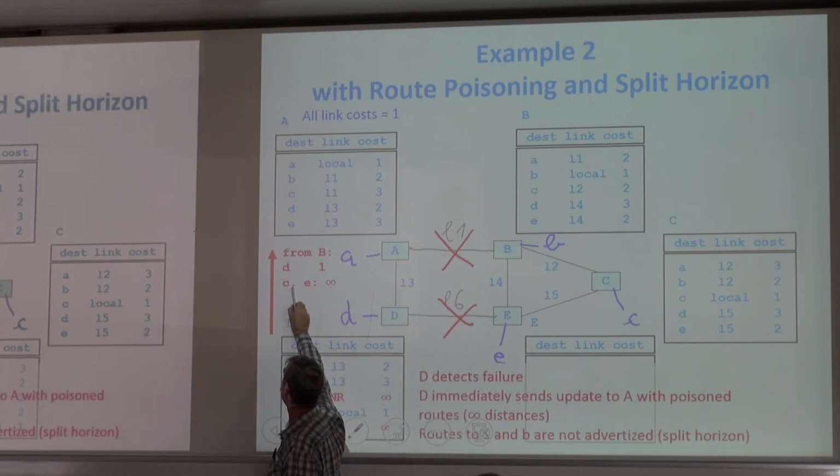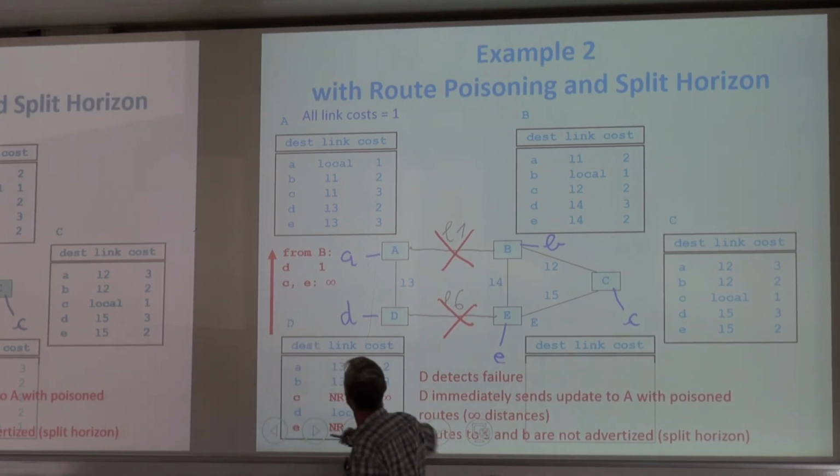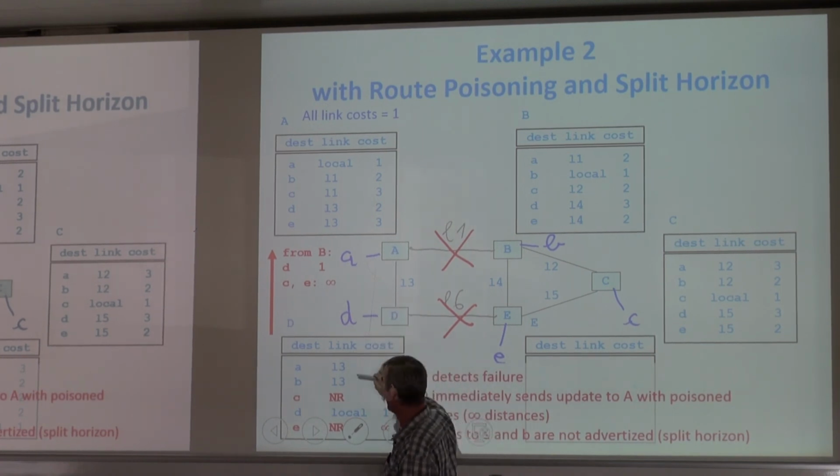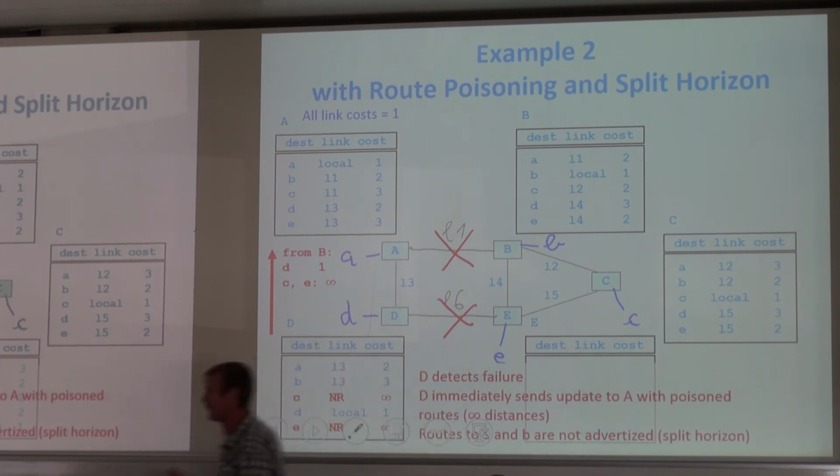First, in the previous case, D was sending nothing about C and E. It was saying, I don't know. Now it will effectively send the value infinity. And second, it will not send information about A and B, because A and B are routed via B. So it will not send this information.